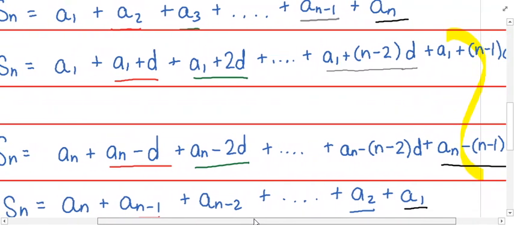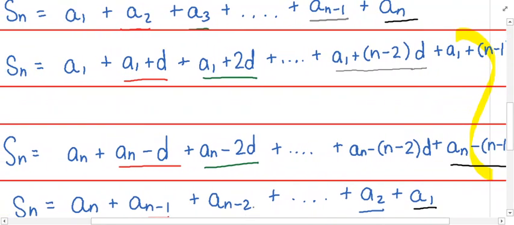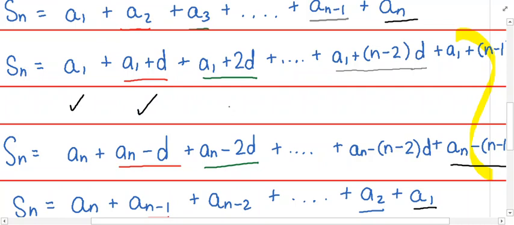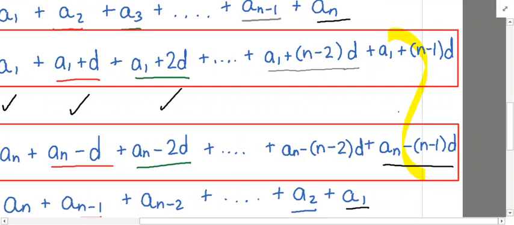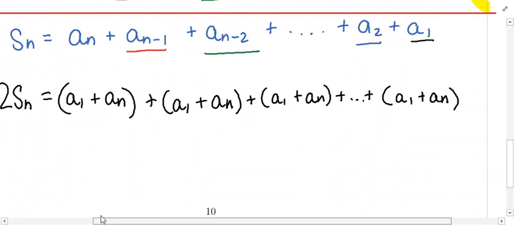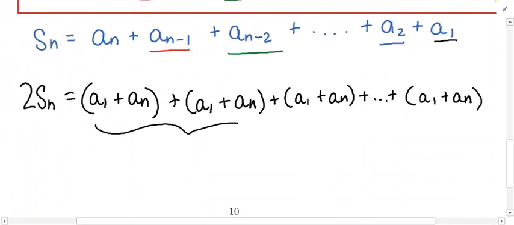How many a1 plus an's do we have? Well, we had it for the first term, the second term, the third term, all the way to the nth term. So we have this n many times.